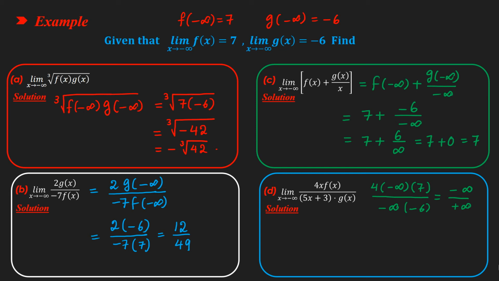You have to split the limit into 2 limits. The first limit is the limit of 4x divided by 5x plus 3, multiplied by the limit of f of x divided by g of x when x goes to negative infinity.